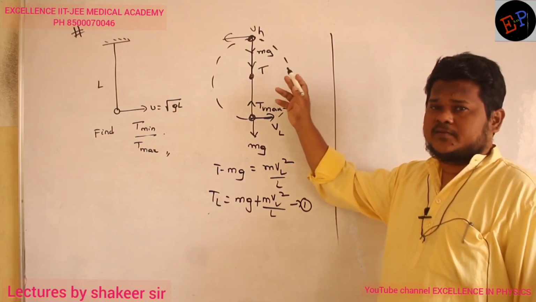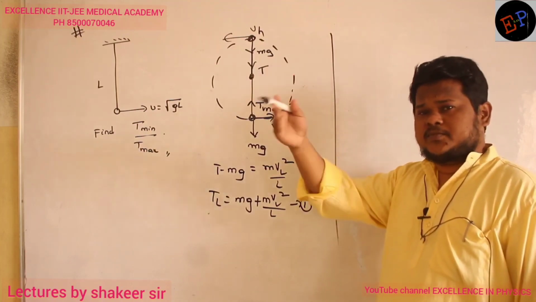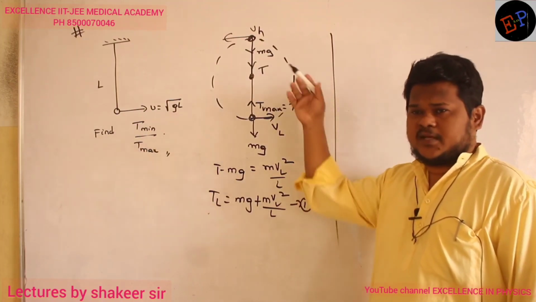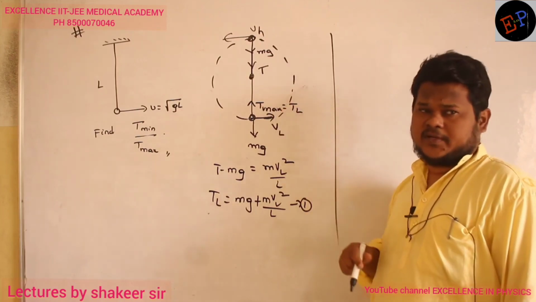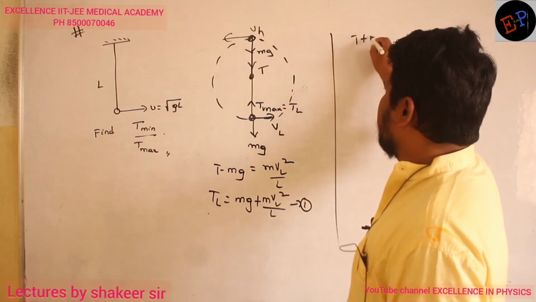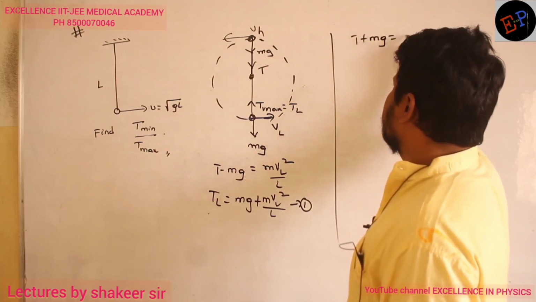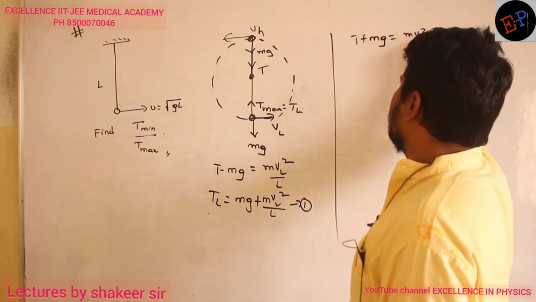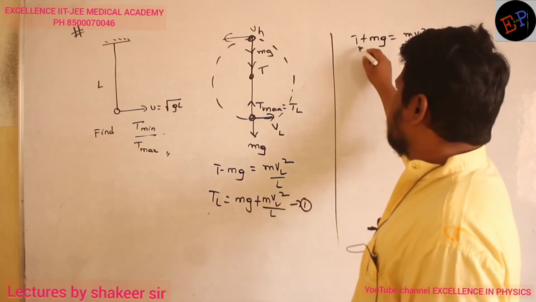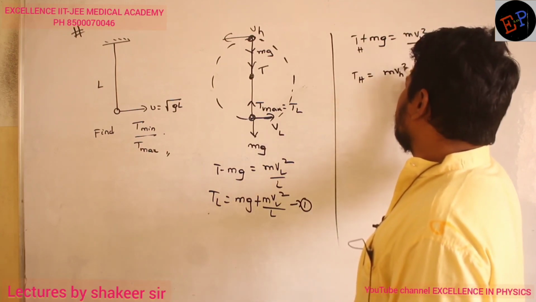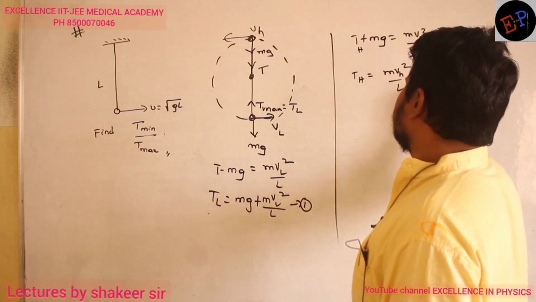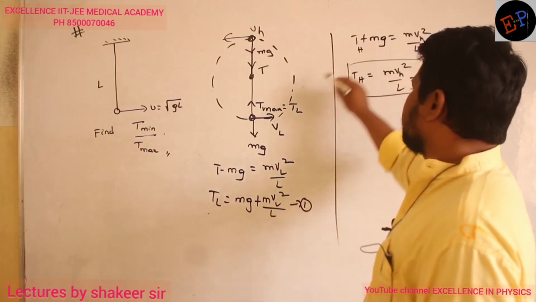T and mg both are providing, since both of them are acting towards the center. Therefore T plus mg is equal to mVh square divided by L. So the tension at the highest position is Th equals mVh square divided by L minus mg.